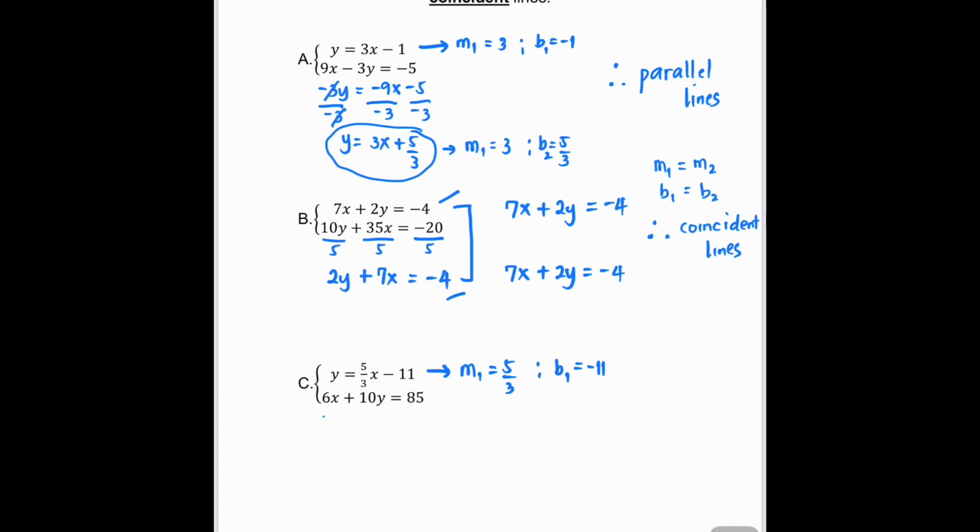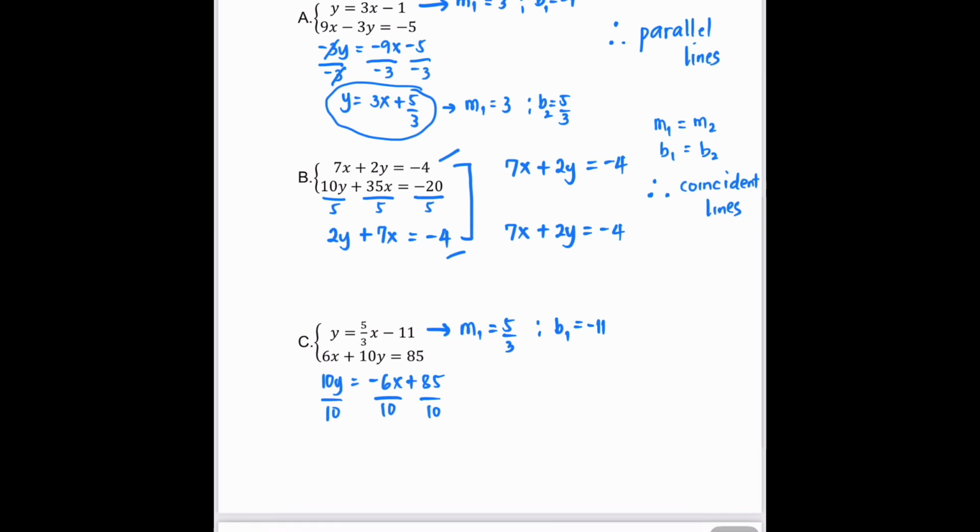So we get 10y equals negative 6x plus 85. So we divide each term by 10, and we're going to get y equals negative 6 over 10, which is negative 3 over 5, and 85 divided by 10 is 17 over 2.